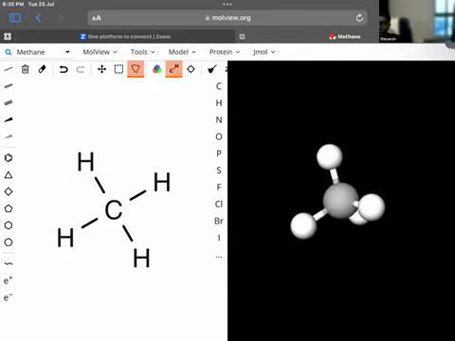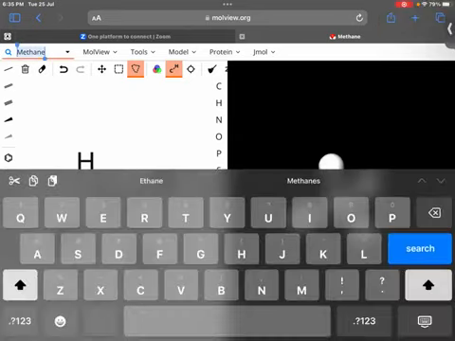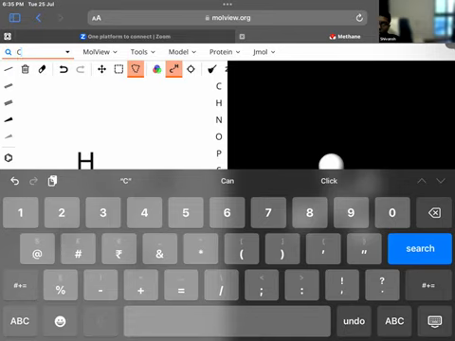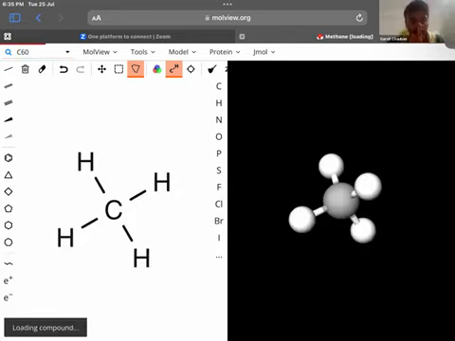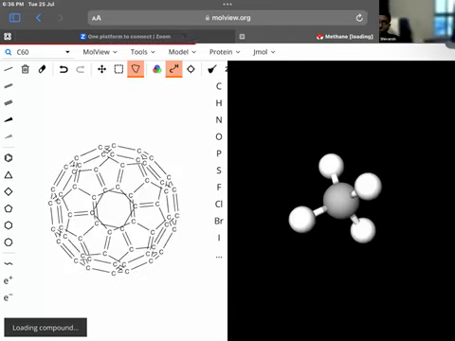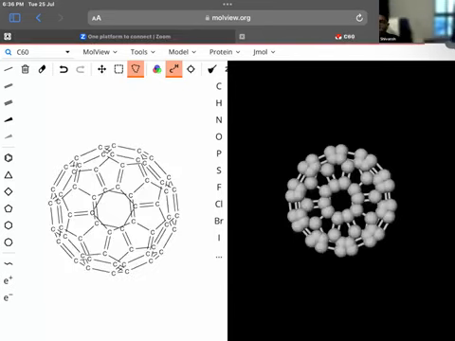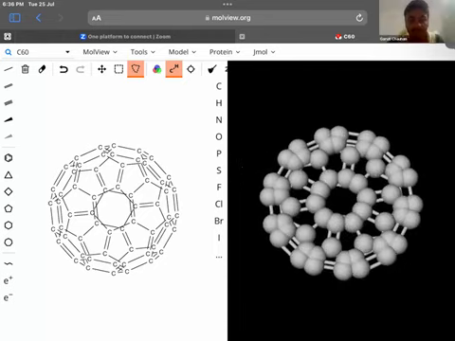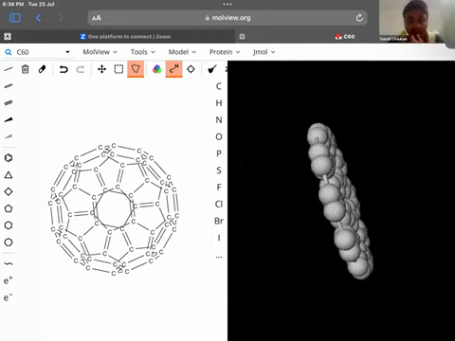Is there a way you could type C60 and see what comes? Yes, let's see. It was Buckminster Fuller, I guess. So it got confused. But this is plain.